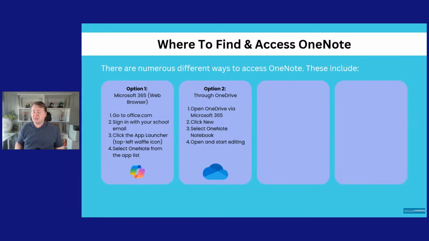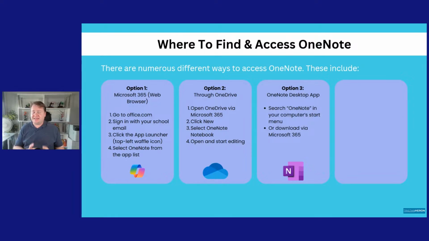Okay, our next option for accessing OneNote is through the desktop app. So we're not going to show you this tonight because I don't think I actually have the desktop app installed on my computer. And that's because I prefer using the online version myself. But if you would like to install the desktop app because you have been using the desktop app before, you might prefer it, you might like to continue using that.